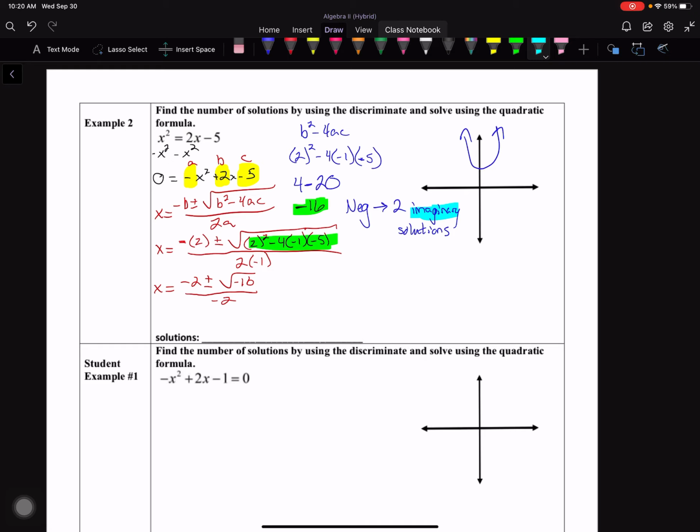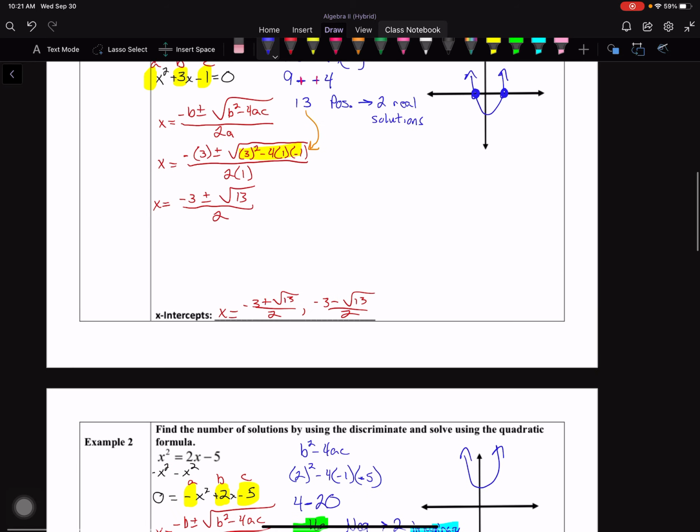So the square root of 16 is 4, so the square root of -16 is 4i. Divide that by -2. If you can take the square root of that number, always do. The last example, there's nothing we could do with 13 there.